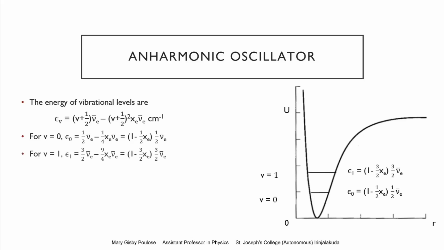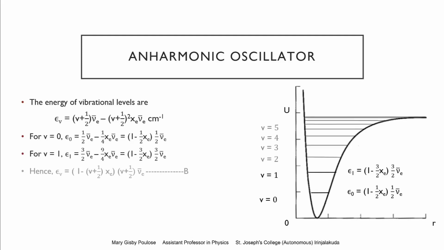Now for V equals 1, we have eta 1 as 3 by 2 nu E bar minus 9 by 4 xe nu E bar. It can be rewritten as 1 minus 3 by 2 xe into 3 by 2 nu E bar. Hence, generalizing, we can write eta V is equal to 1 minus V plus half xe, the whole, into V plus half nu E bar.